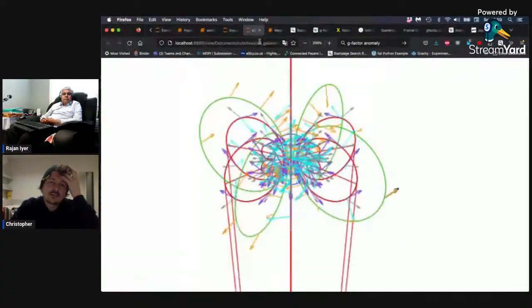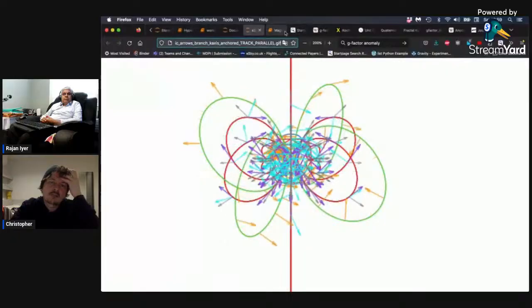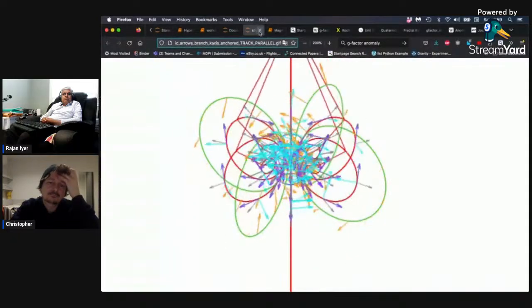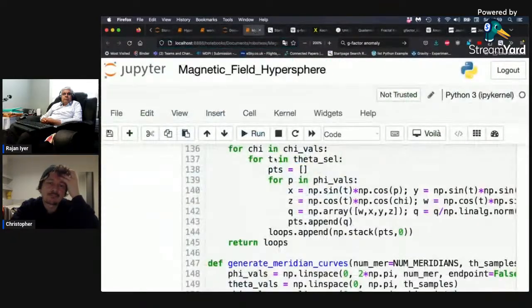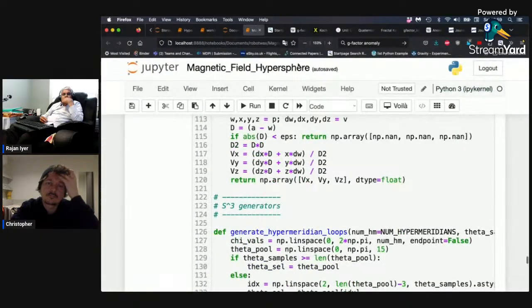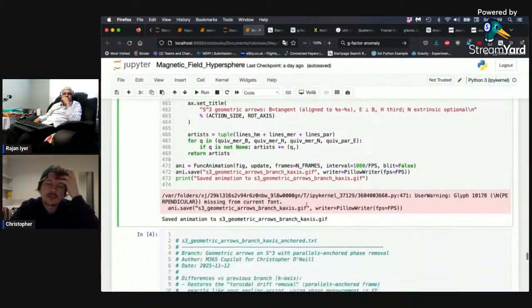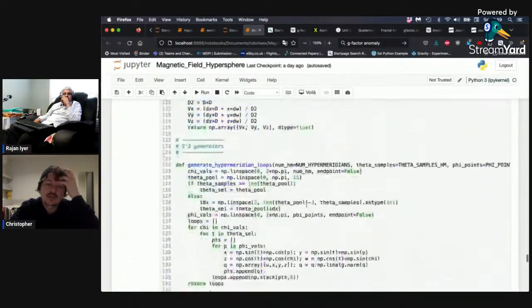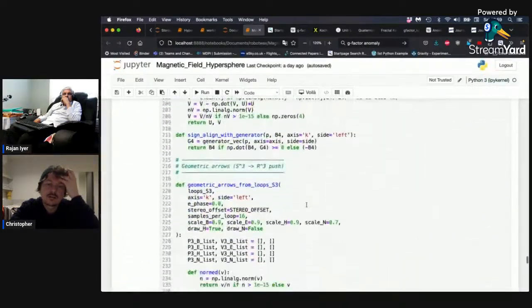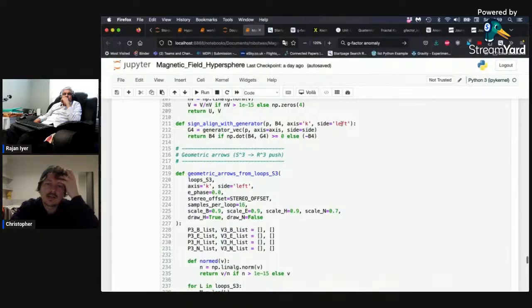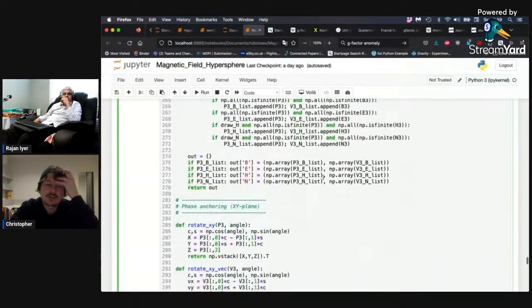So let's see, if this one was track parallel, excuse me, then we'll go back in here. Here we see that's the branch for the k-axis. This is a left multiplication, obviously, but we could change it to right.